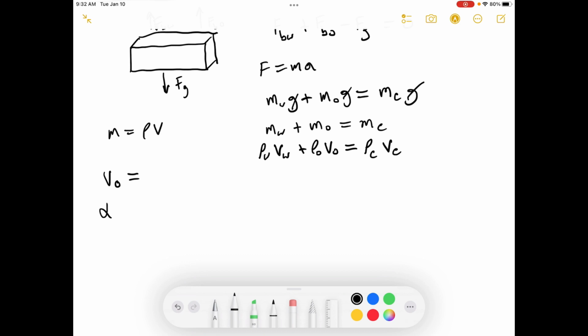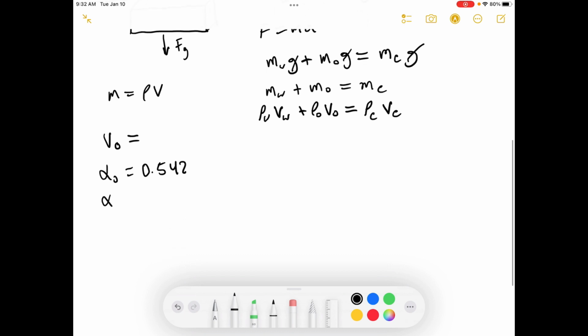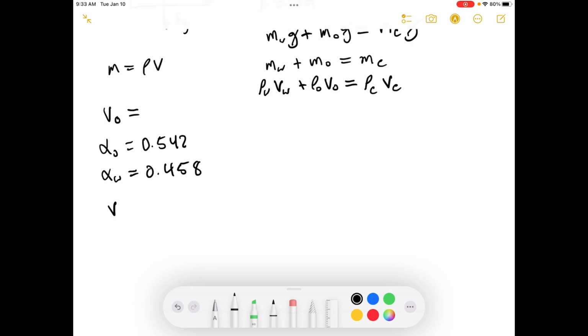I'm going to call that alpha O. Or rather, I'll turn this into a fraction, so 0.542. Okay, and then I'll do the opposite for water, because the balance should be water, and that is 45.8, so 0.458.